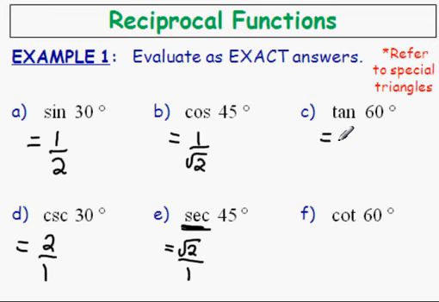Okay, so we'll do one more. So tan of 60 using our special triangles is root 3 over 1. So that means the cotangent of 60, the reciprocal of tan 60, is 1 over root 3. Okay, so as long as you can figure out the regular sine, cos, and tan, it's easy to find the reciprocal. You just have to flip your numerator and your denominator.